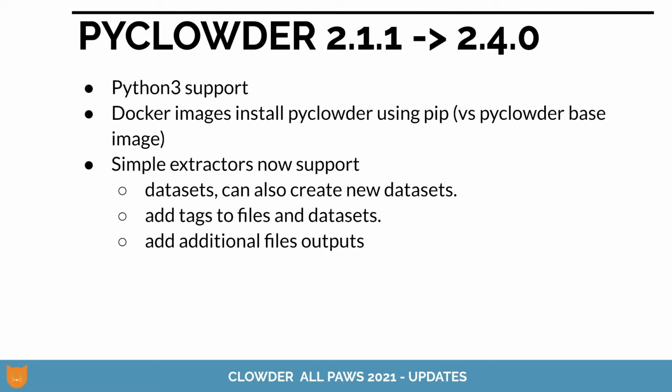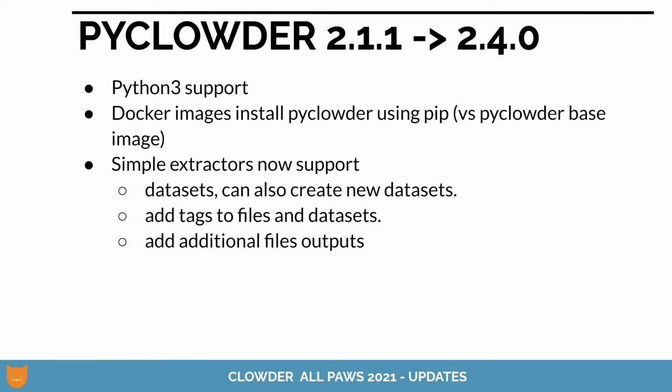We have also added some new functionality to our simple extractors. A simple Python extractor, which just makes it easier to create an extractor in Python. You can learn more about them during the extractor session on day 2 tomorrow. So we have added support for datasets. So simple extractors, you can easily write code that could create datasets as outputs.